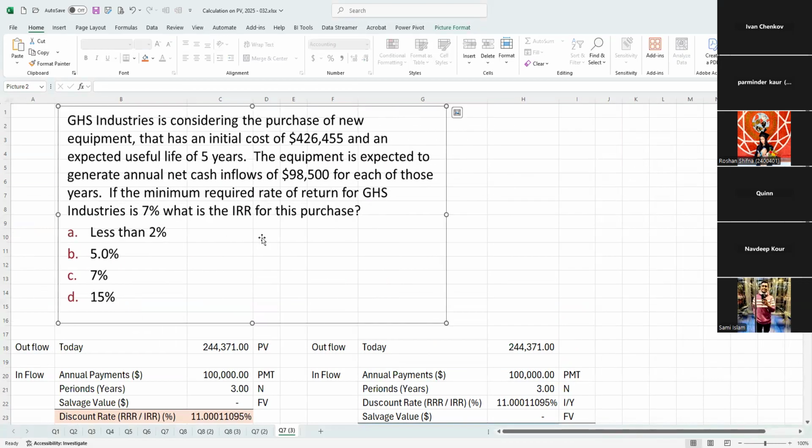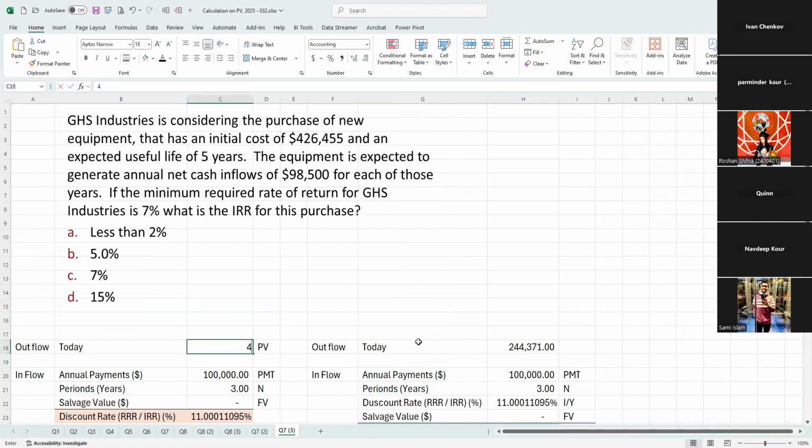So really, that will be better. So what we have here, we have an initial cost of 426,455. We have the 5 years period, and the annual cash flow here will be 98,500.